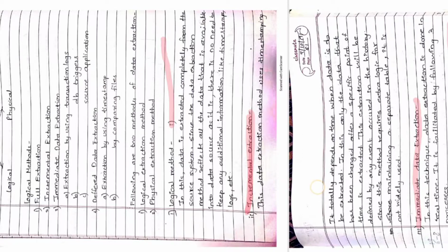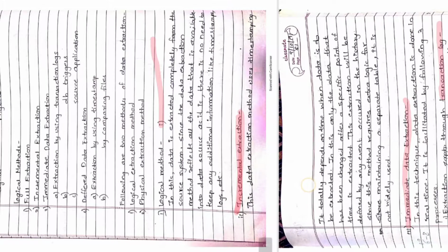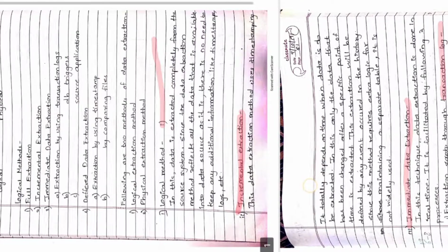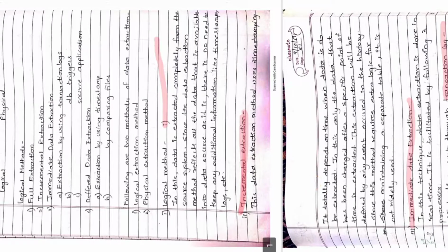In immediate extraction, we can do it by using the transaction log, by using triggers, and the third category is by using the source applications. And in deferred data extraction, we can do it in two ways, either by using the timestamp or by comparing the files.